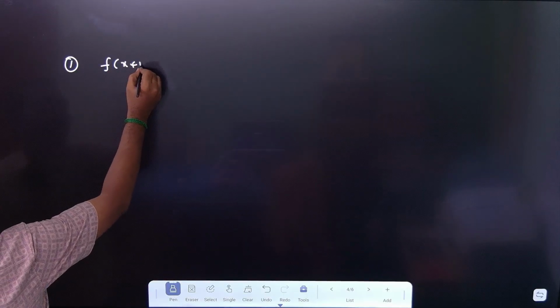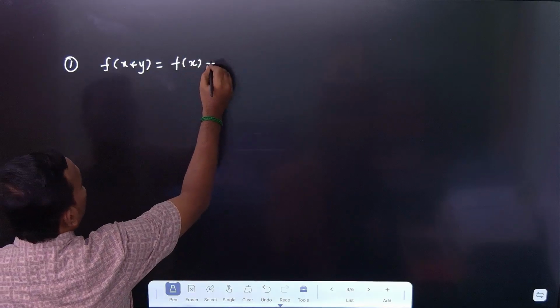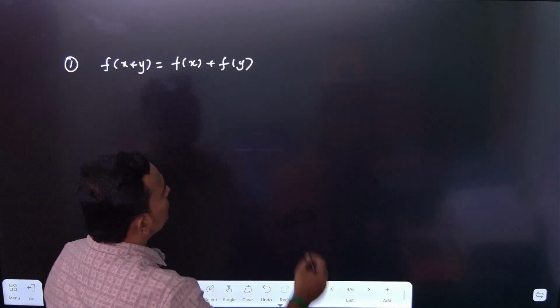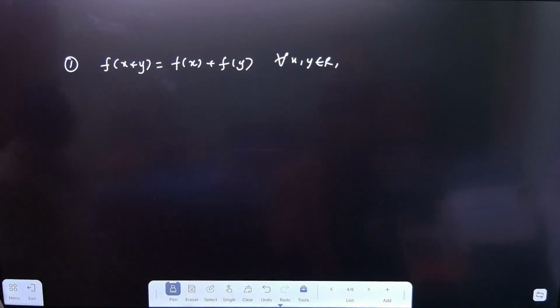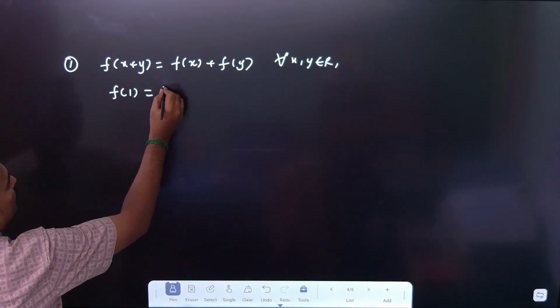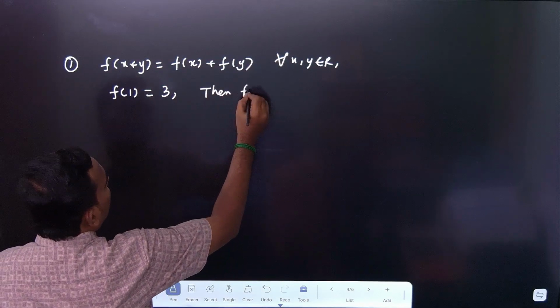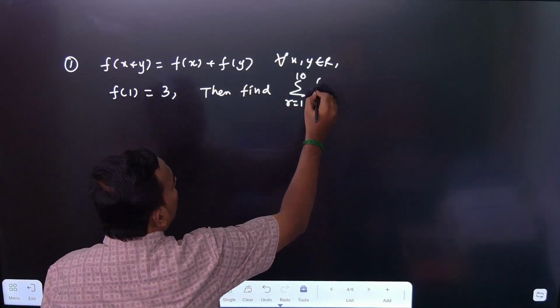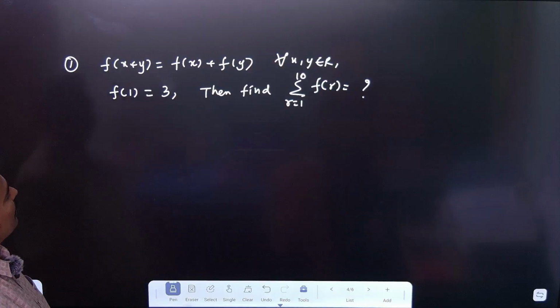So the first question is f of x plus y is equal to f of x plus f of y, you can take. Okay, for all x, y belonging to real numbers, and f of 1 is given to you as 3, then find summation r is equal to 1 to 10 f of r. What is your answer? This is a very simple question.